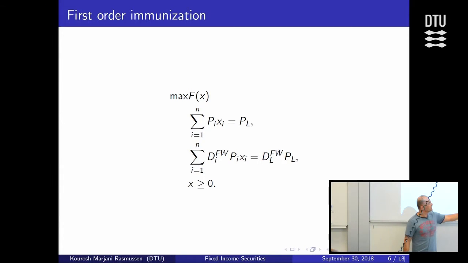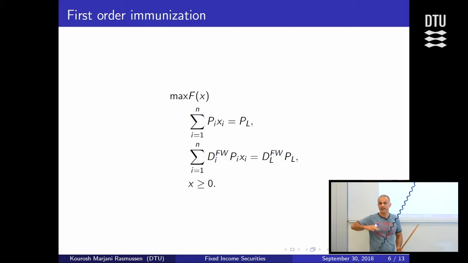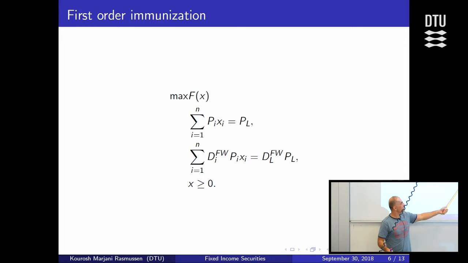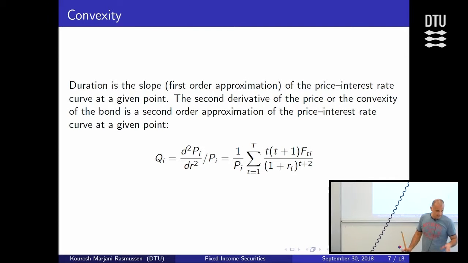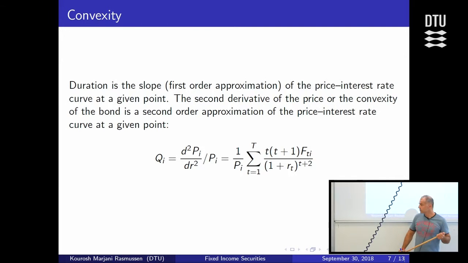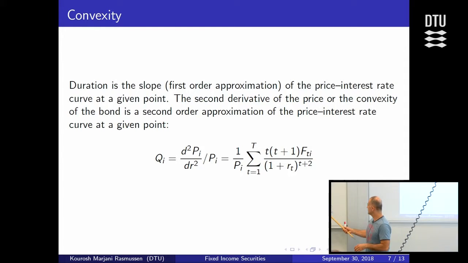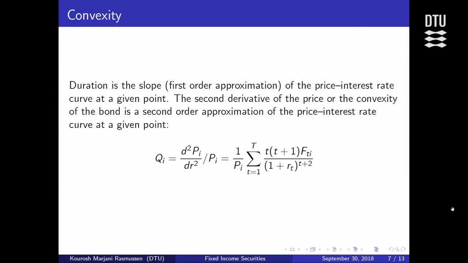So if the right-hand side is fixed and given, you know exactly what your liabilities are, but your left-hand side is not given. You have to decide x's in such a way that your portfolio's duration should be the same as your liabilities' duration. Right. So that was what we call first-order immunization, and the second-order immunization has got to do with convexity, right? So here I showed you that you have.